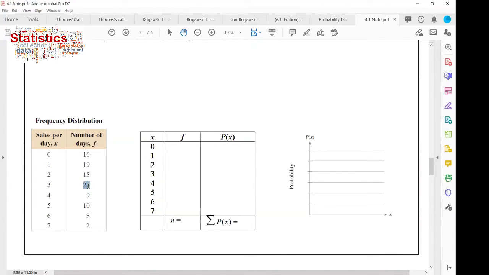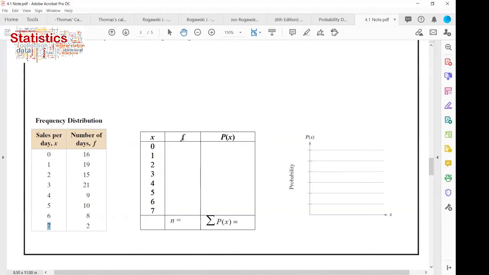For 21 days, it was 3 sales per day. In 9 days, it was 4 sales per day, 5 sales per day repeated 10 times, 6 sales per day repeated for 8 days, and only 2 days that person sold 7 items each day.